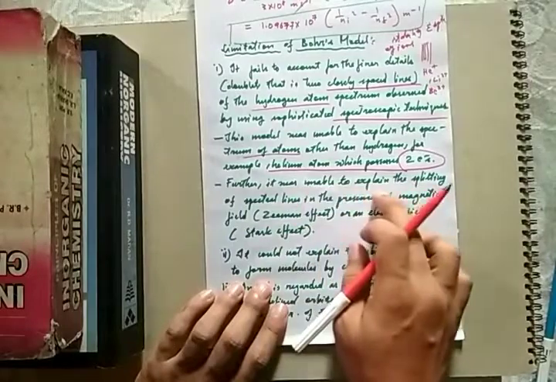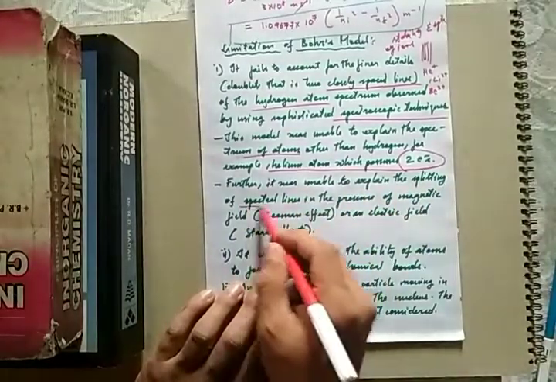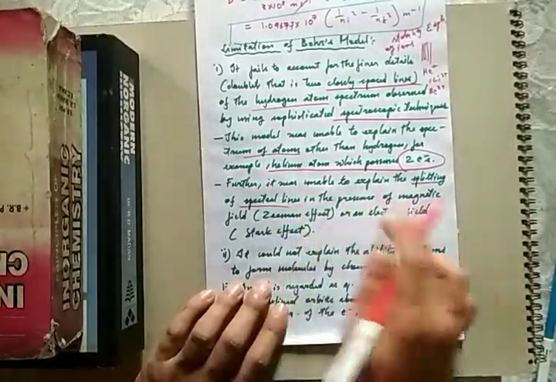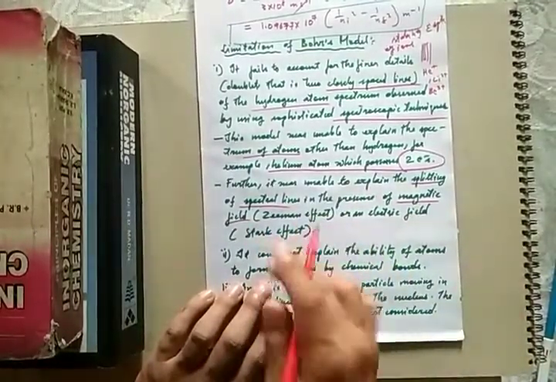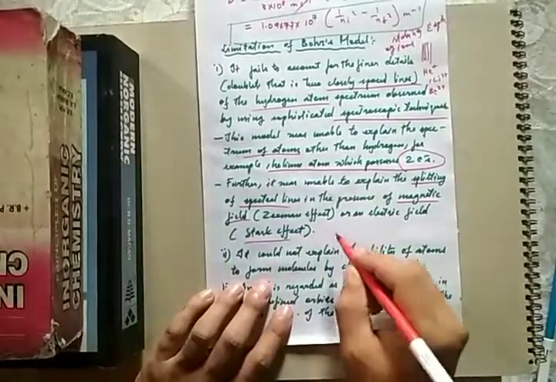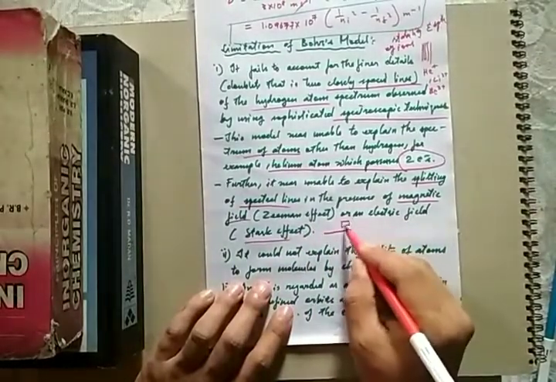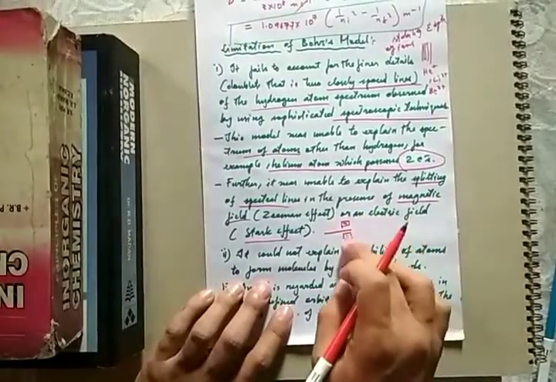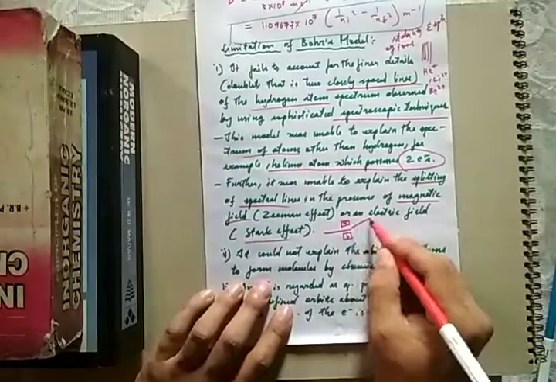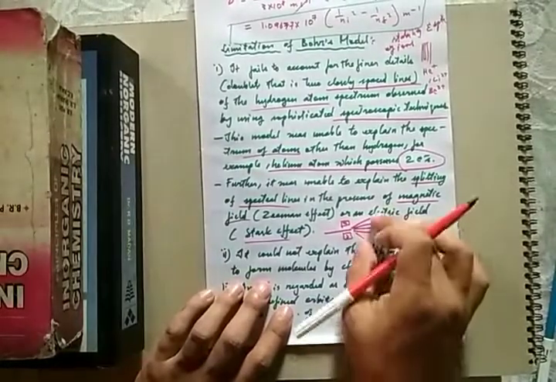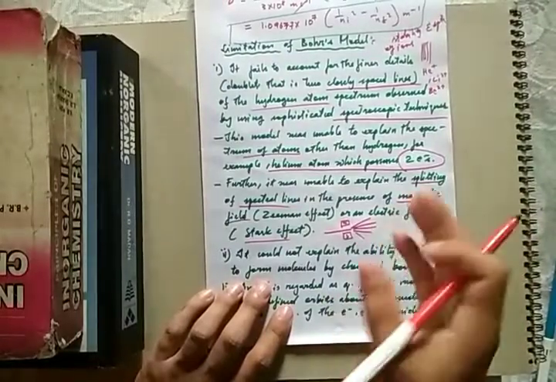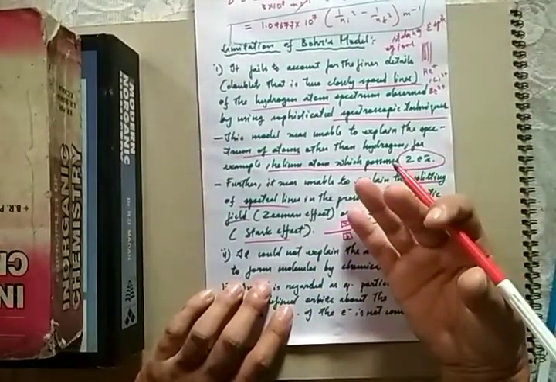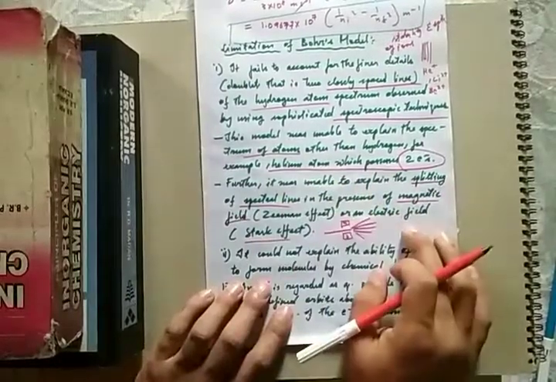Further, it was unable to explain the splitting of spectral lines in the presence of a magnetic field, known as the Zeeman effect, or an electric field, known as the Stark effect. A spectral line in the presence of a magnetic field splits into discrete or specific lines. Why this happens, this model could not explain.